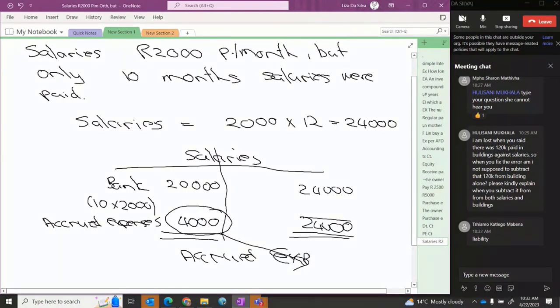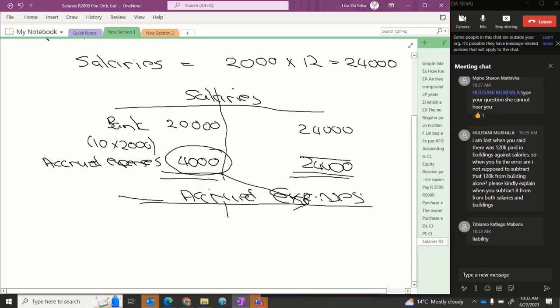Accrued expenses. So obviously you're going to credit, let me just move up my screen a bit. So that 4,000 Rand, you have to go and credit somewhere. And because you credit it, it's actually a current liability.